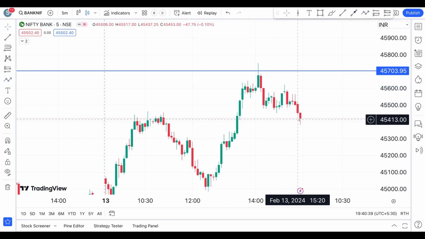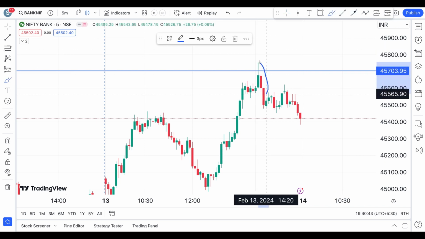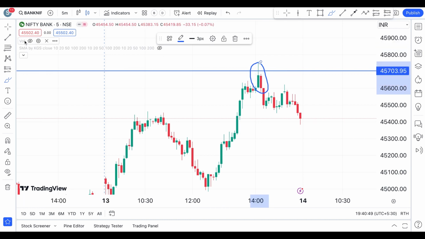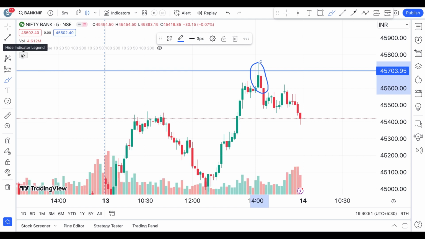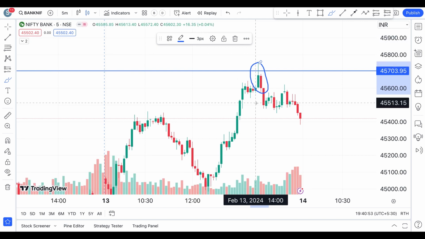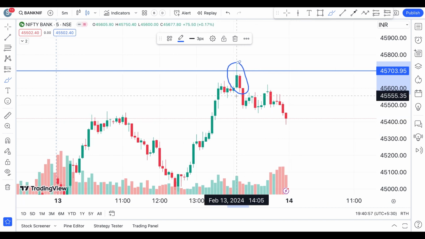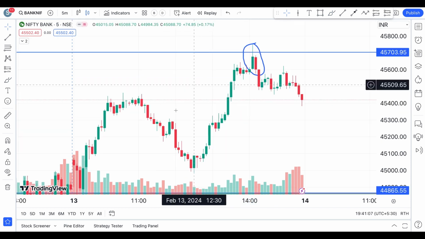But if you notice, it has given us a chance to take this opportunity at this resistance with this bearish engulfing pattern. If you want, confirmation can again be taken from volume. Here volume is not that great when you compare it to the previous candle. So you definitely know that it's not as strong as the bullish engulfing pattern that we have seen here.